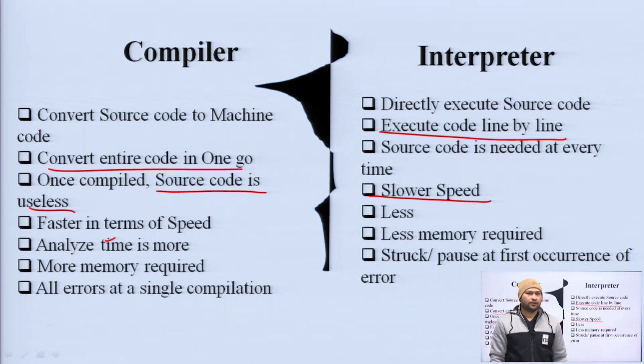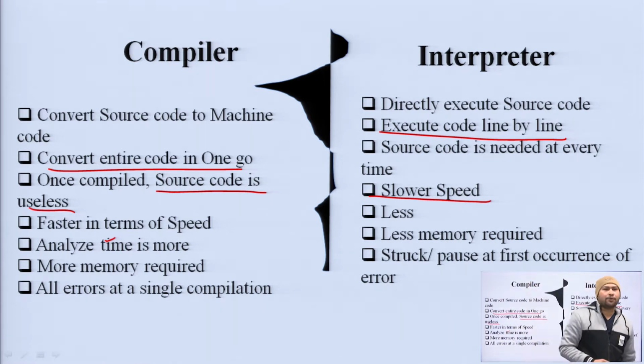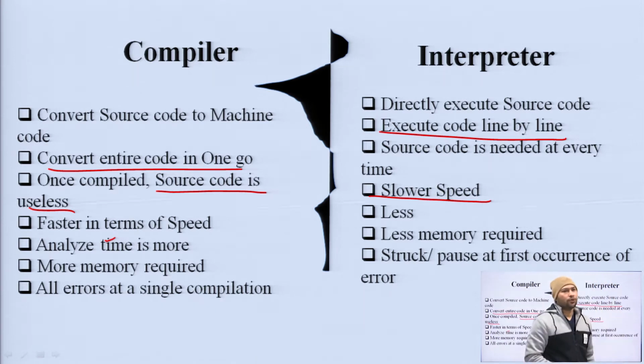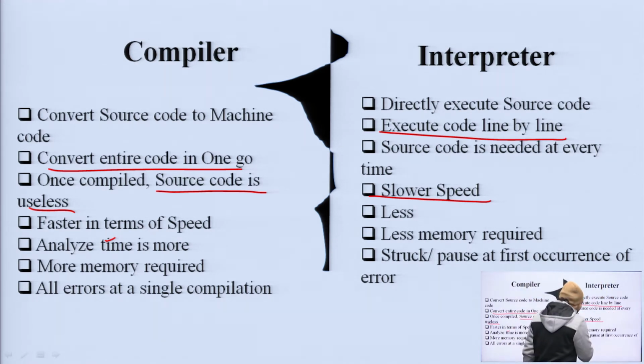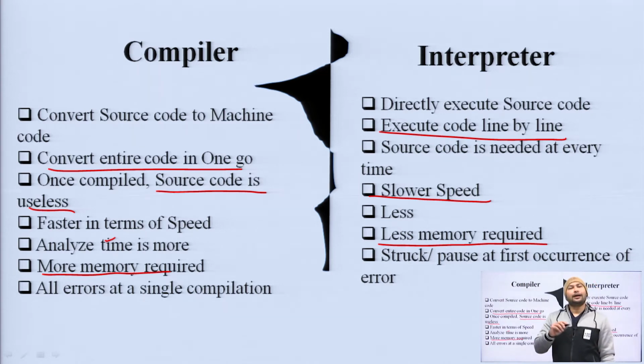But in the interpreter, every time you are going to interpret the program, you require that source code. That means the source code must be available every time while executing. Since the interpreter is doing one line by one line command, it requires less memory. Whereas the compiler requires more memory because it is compiling the whole document first.